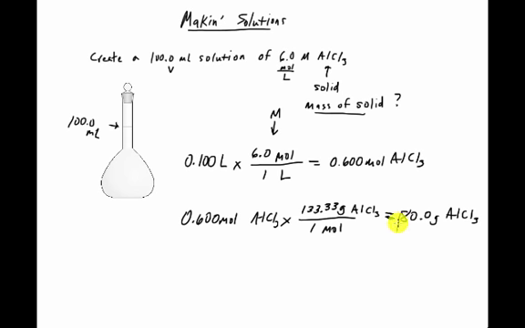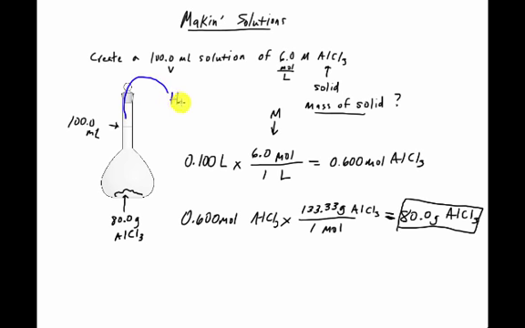So what I would do is take this mass and measure it on a balance, and I would put that solid in here. So what I would put in here is 80 grams of aluminum chloride. Then I have to get myself some water and pour some water into here.